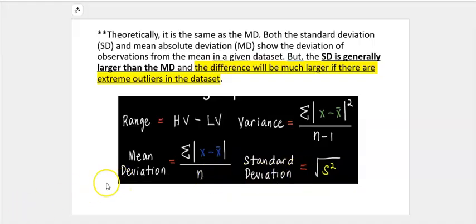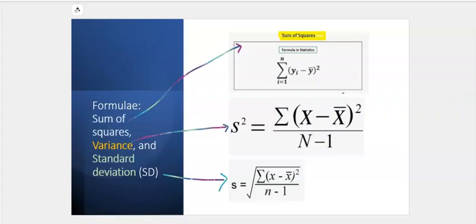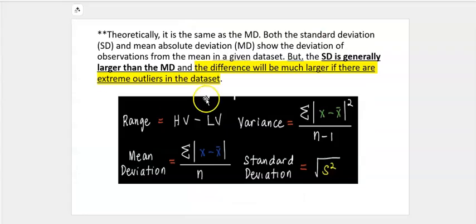So why do we do this? I will explain to you. Because the standard deviation is generally larger than the mean deviation. Standard deviation is larger, which means that your distribution of the data is more, how can I say, in reality. Mean deviation is more like an ideal position.